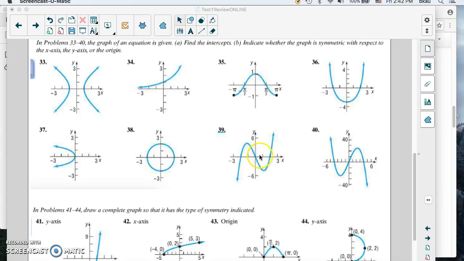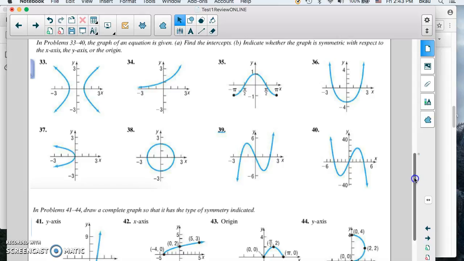They both have origin symmetry. They don't have x-axis or y-axis symmetry. They have three x-intercepts on each of them, and they have one y-intercept at the origin for both. So those are those graphs.